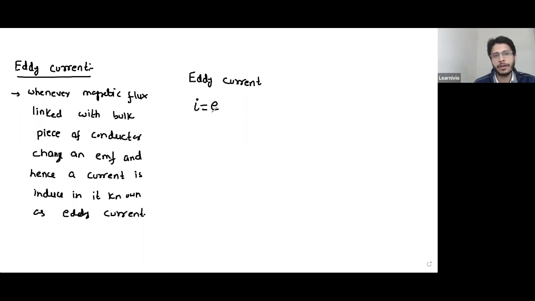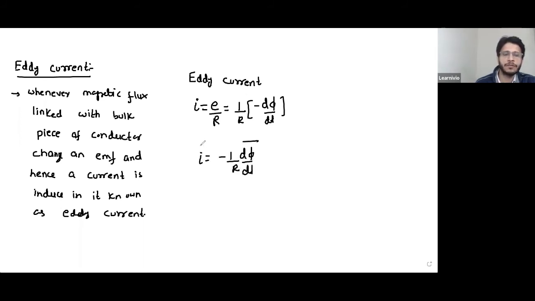Eddy current you can write as the ratio of EMF and resistance, that is 1 by R, where EMF is minus d phi over dt. So this is the formula of eddy current. The formula is the same as that of induced current that we did in Faraday's law of electromagnetic induction.